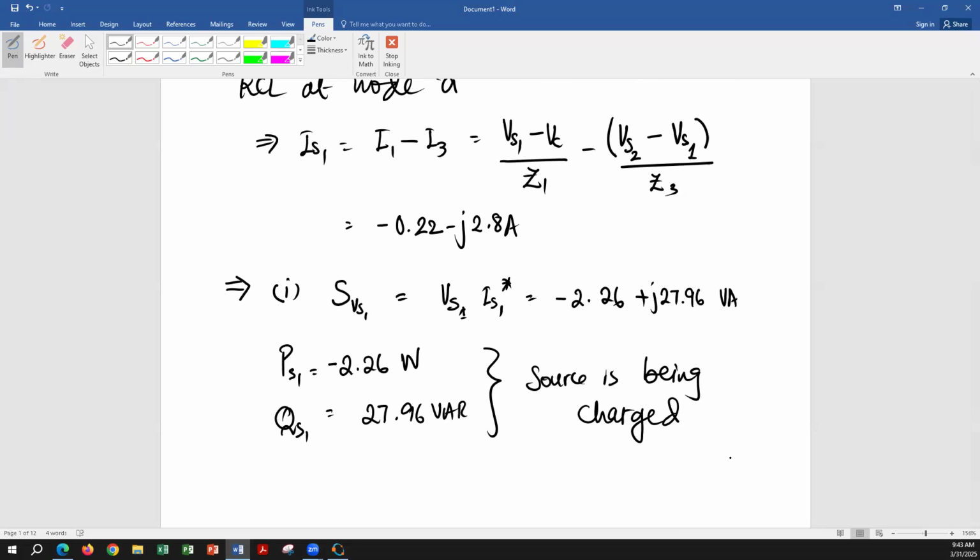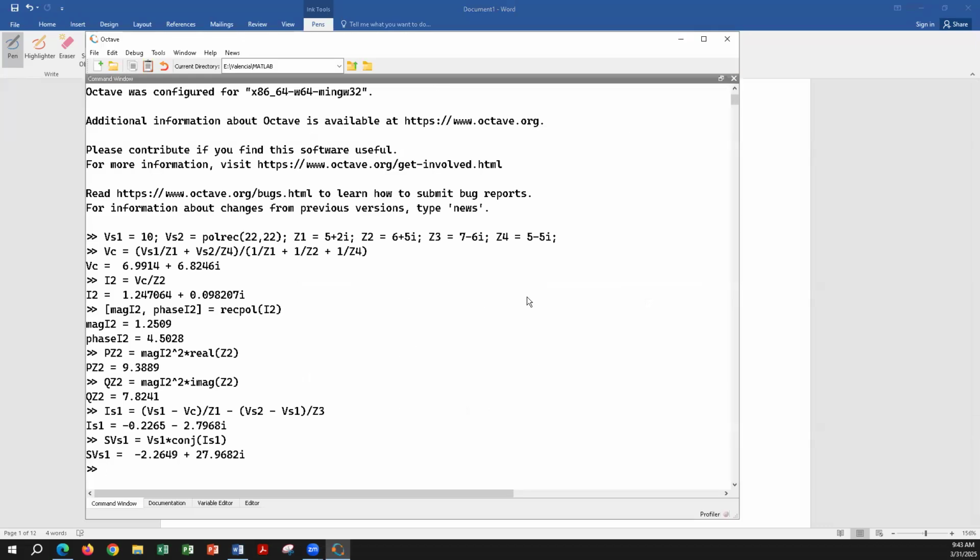I'm sorry, conj in MATLAB. So it's going to be negative 0.2265 plus j2.79. Imaginary part, yeah.